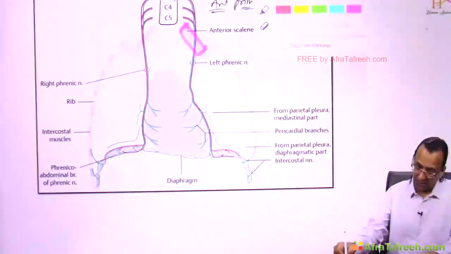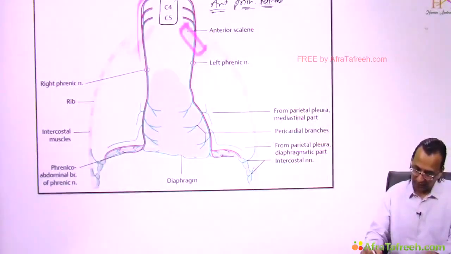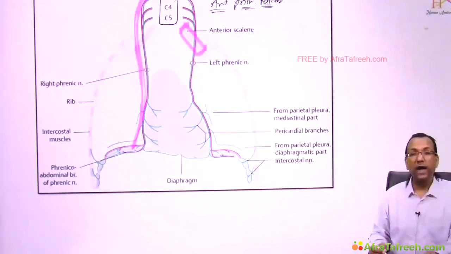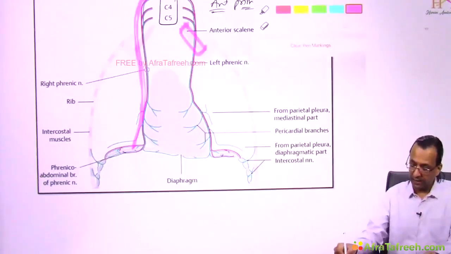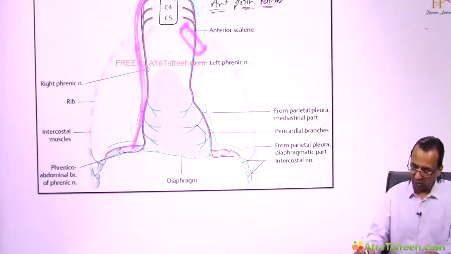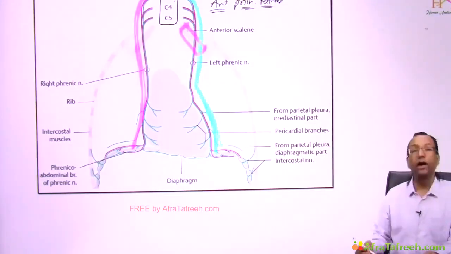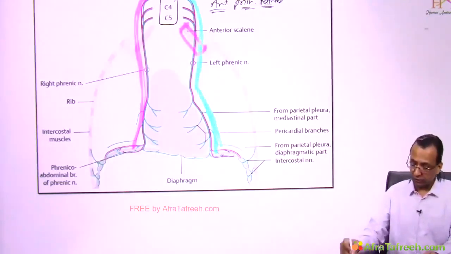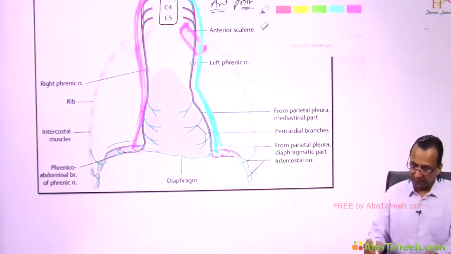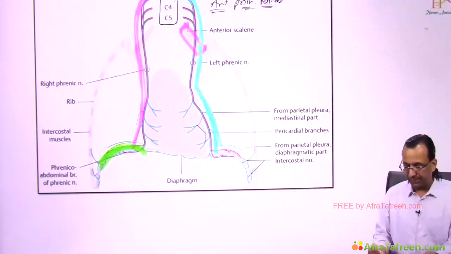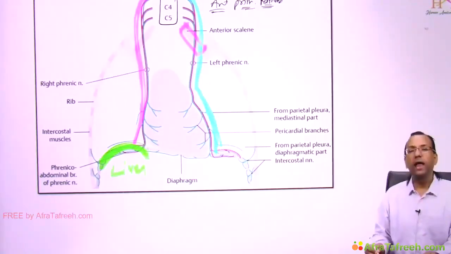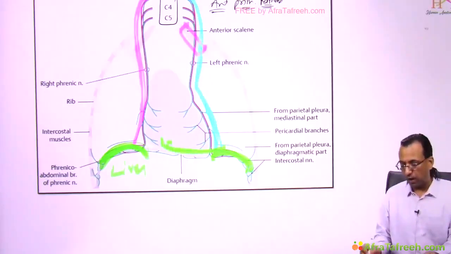You see that the right phrenic nerve is short and straight, and the left phrenic nerve is long and oblique. Tell me why the left phrenic nerve is long and oblique. Because the dome of the diaphragm is higher on the right side, pushed up by the liver, and the dome of the diaphragm on the left side is down, pushed down by the heart.